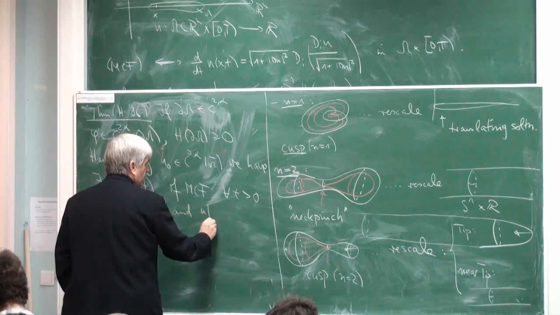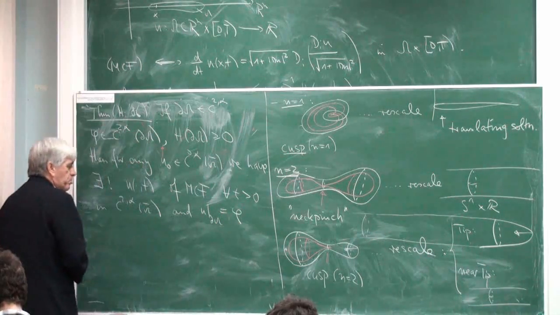So you have u on the boundary of omega equals phi.